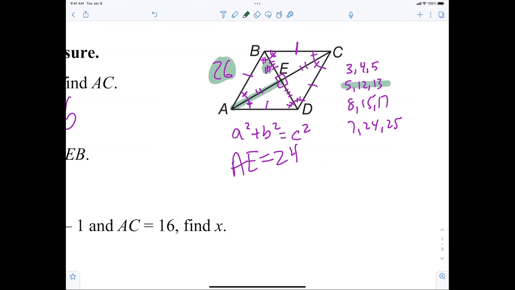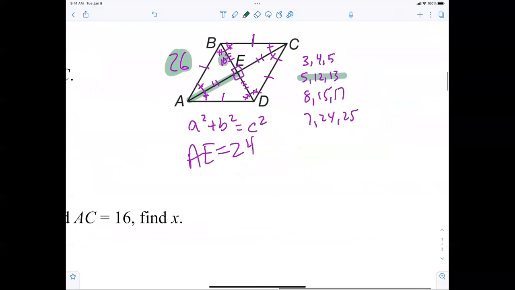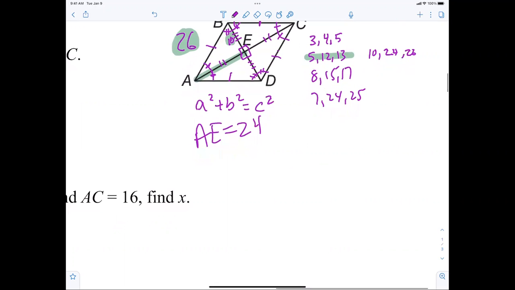What can I multiply each side by? 2, right? So 5, 12, 13 is the same as 10, 24, 26. Is everybody with me on that? Do I have to know that? No, I don't have to know that. We can just come down and do the work ourselves.